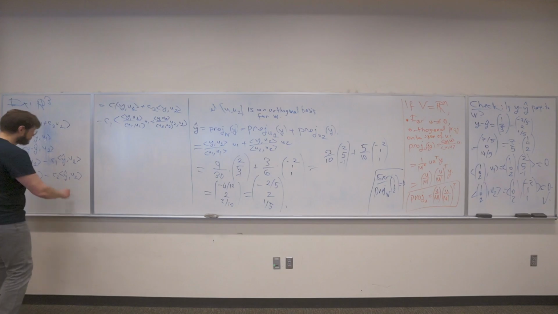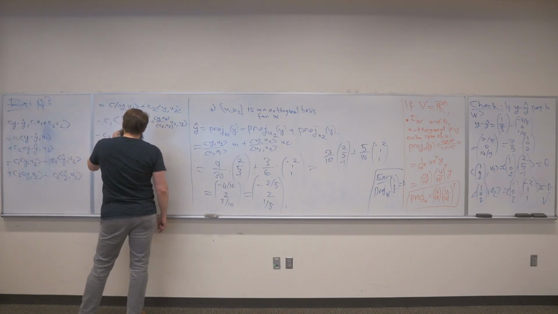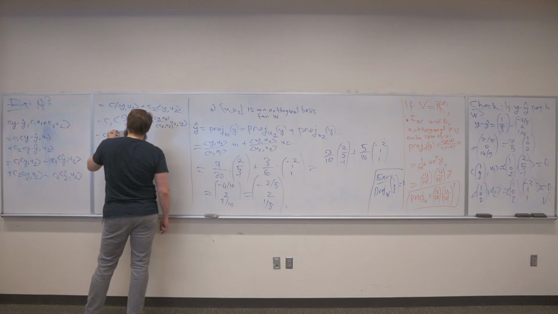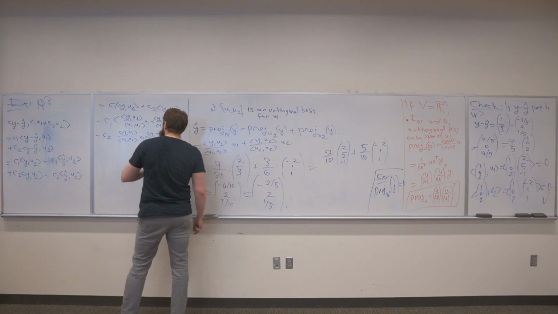And then I have one more with this expression: minus C2, y against U1, divided by U1 against U1, times U1, plus y against U2, divided by U2 against U2, times U2, and then U2.